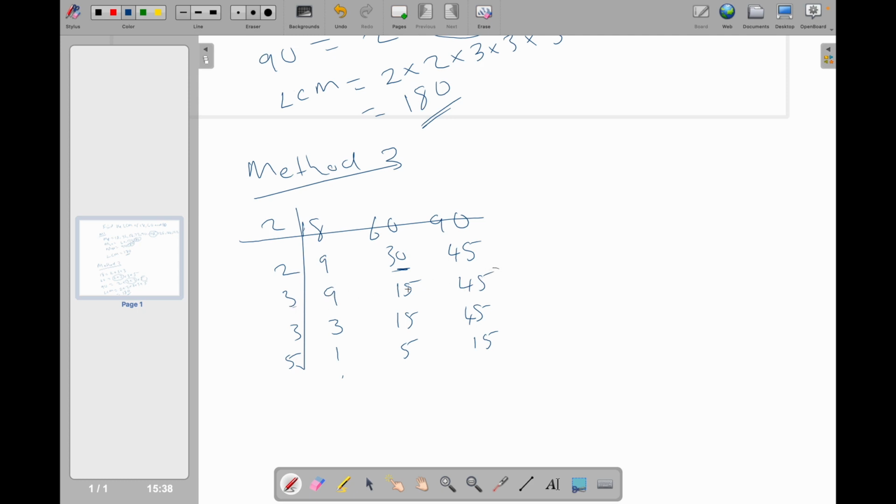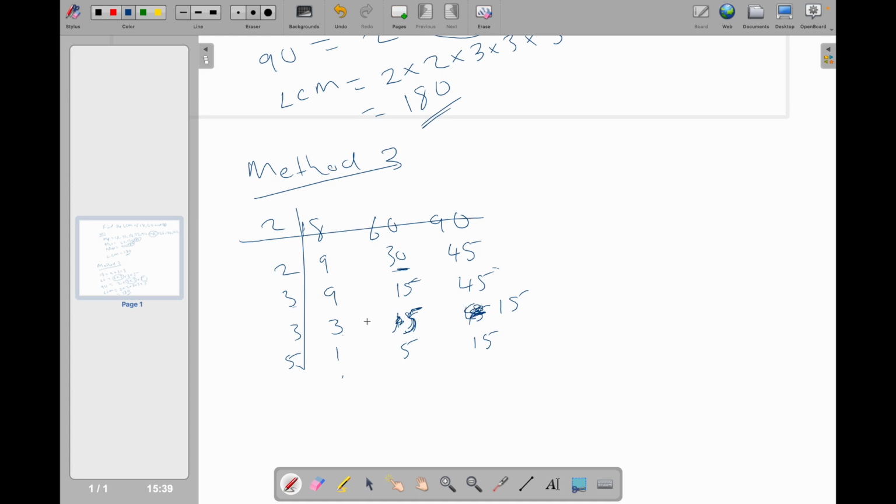When I divide this one by 3, we can divide this by 3, and here we get 5, and we can divide this by 3, and then we get 15 here. So 3, 5, and 15.